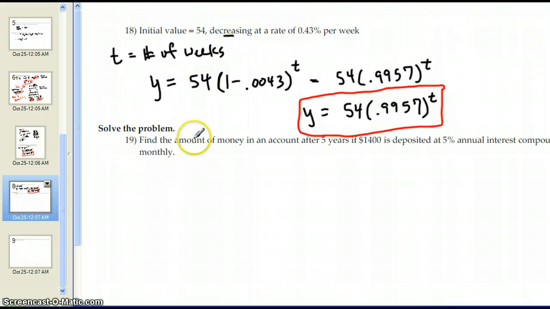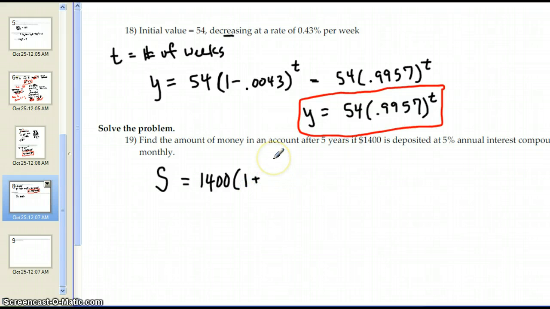Alright, number 19, find the amount of money in an account after 5 years if $1,400 is deposited at 5% annual interest compounded monthly. Alright, so we've got y equals, or sorry, they like us to use s equals instead of y for these types of problems. So s equals, this is our initial amount, so this goes out front, 1,400 parentheses 1 plus.